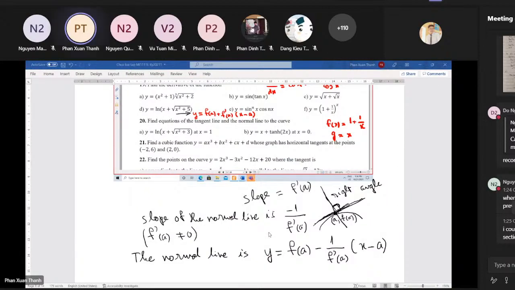Any question or remark on the normal line or tangent line equation?